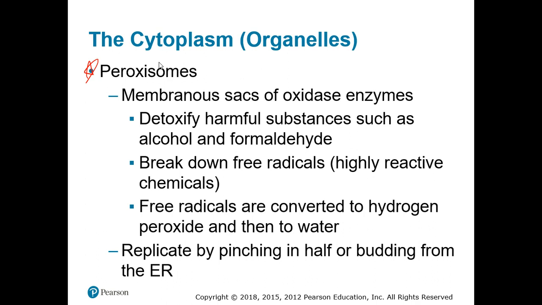So free radicals are typically highly active chemicals. What they do is they take these free radicals and convert them to hydrogen peroxide, which then breaks down into water. Hence, hydrogen peroxide, peroxisomes, where they get their name. These typically replicate by pinching in half or budding from the ER to create more.